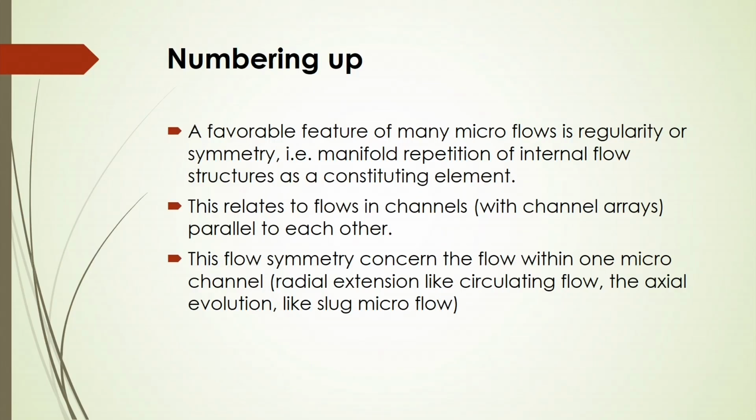And whenever you are numbering up the channels, just considering the same symmetry, you can get the parallel symmetry of the flow, and there you can increase the residence time, and the yield of the process will also be increased.